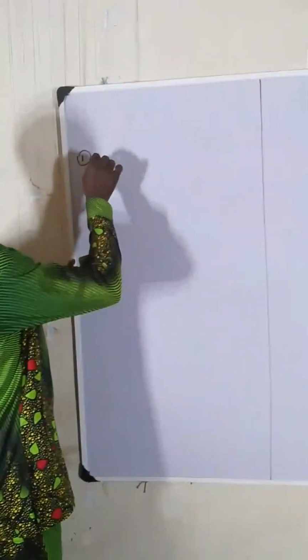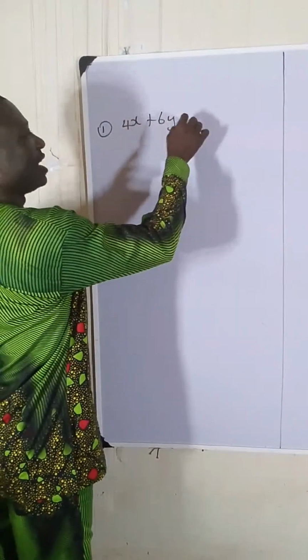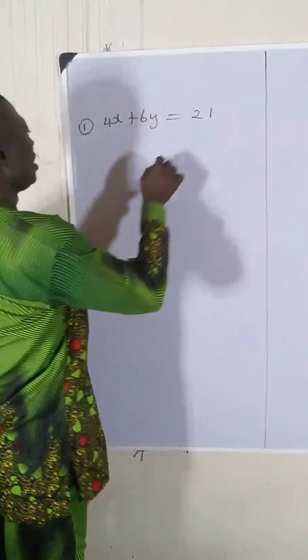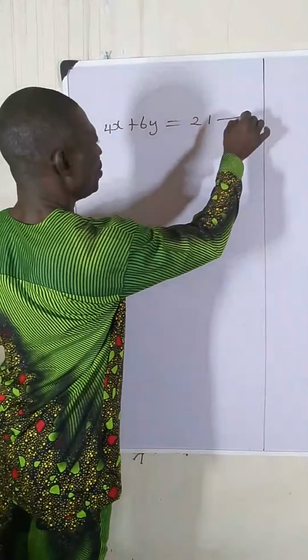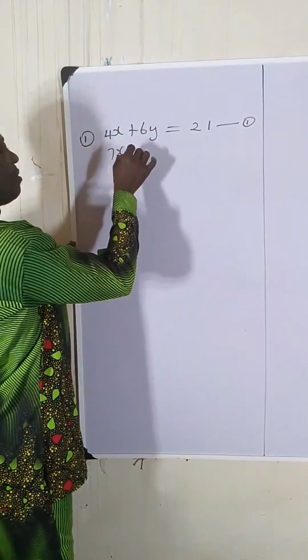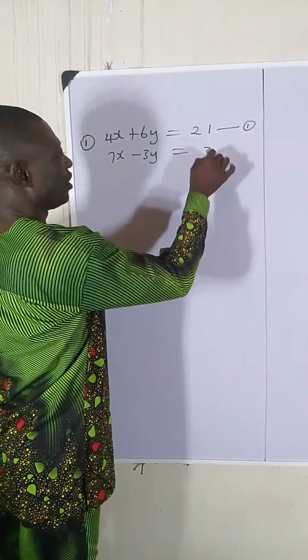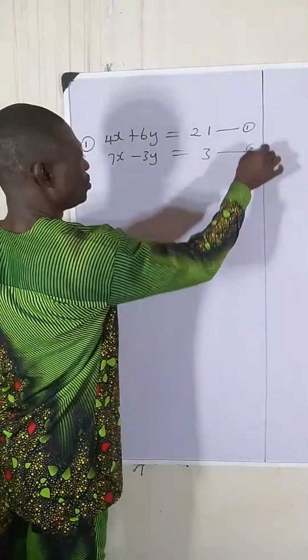We are going to solve it as 4x plus 6y is equal to 21, and call the first one equation 1, and 7x minus 3y is equal to 3 as equation 2.